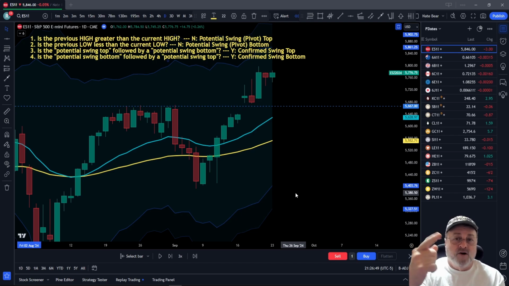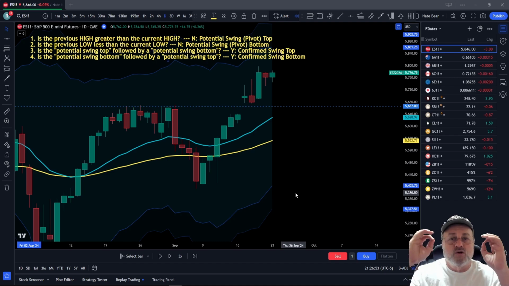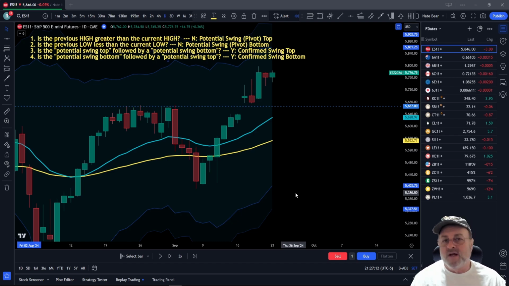Now, the confirmed swing tops and confirmed swing bottoms, those are the actual swings, the actual cycle pivots, the actual market turns that we're interested in finding and anticipating, and using them as places for possible entry, or to identify what trend we're in, or where to possibly start moving our stops and so forth.